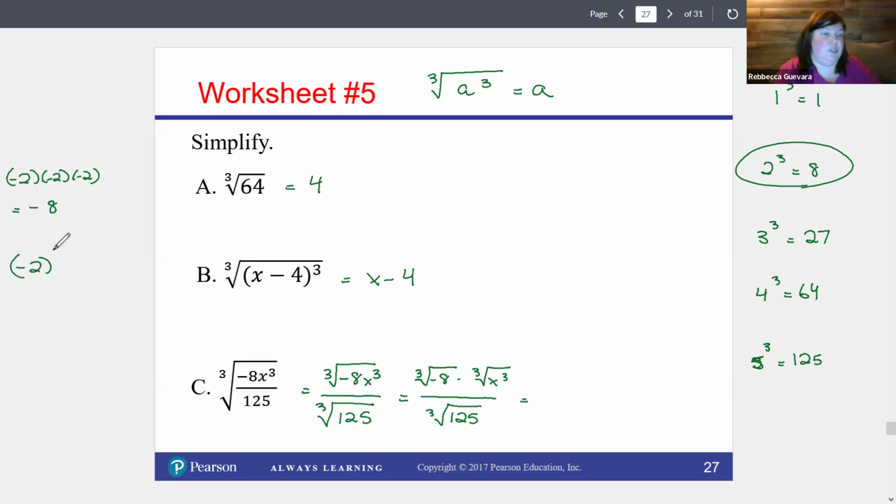So negative 2 cubed is negative 8. So all you really need to do is just put a negative in here, and you can get the negative version of this. So the cube root of negative 8 is negative 2. The cube root of x cubed is just x. And the cube root of 125 is just 5.